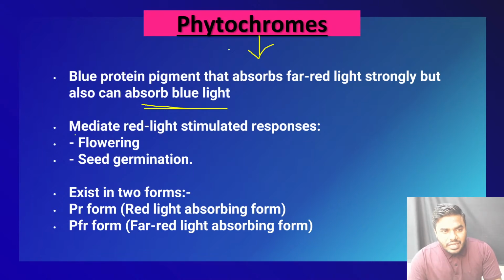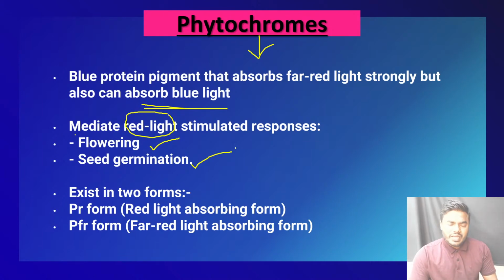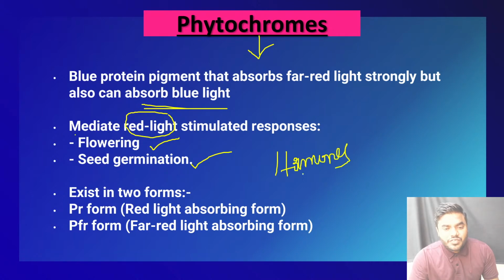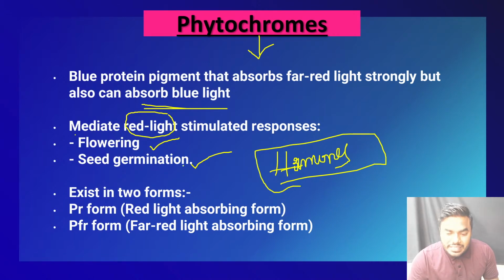So then what is the ultimate function of the phytochrome? In the presence of red light, phytochrome, listen to me carefully, is exclusively responsible for flowering and for seed germination. Now you will get a doubt: sir, we read in plant hormones that hormones are responsible for flowering and seed germination.